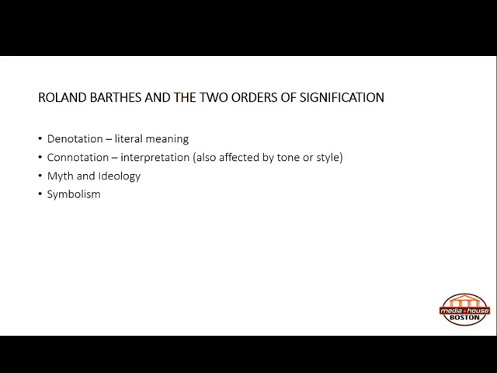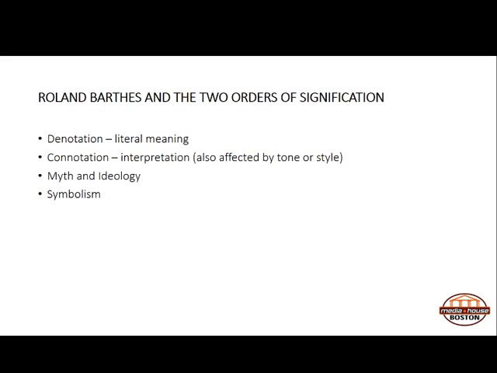There's no denotation there, and it's not implied simply by those two words, rich bitch, in the connotative meaning. It's linked to a whole ideology, it's linked to a whole symbolism. So that's the second order of signification within a sign.